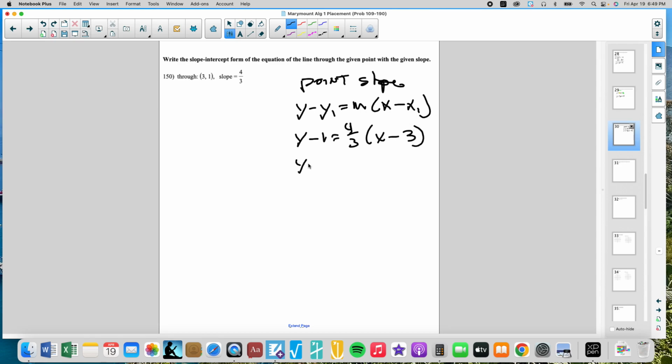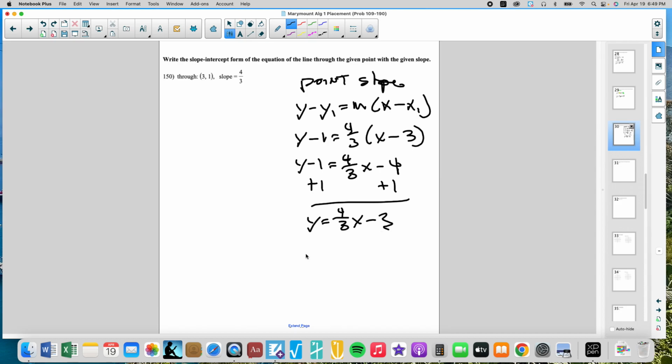We would distribute 4/3 x minus 4. Again, that 3 in the numerator and 3 in the denominator cancel, leaving 4 in the negative. And then we would add 1. y equals 4/3 x minus 3. That's going to be the easiest way to do it.